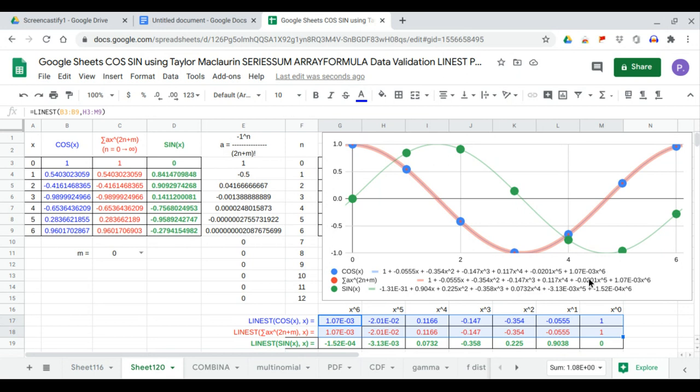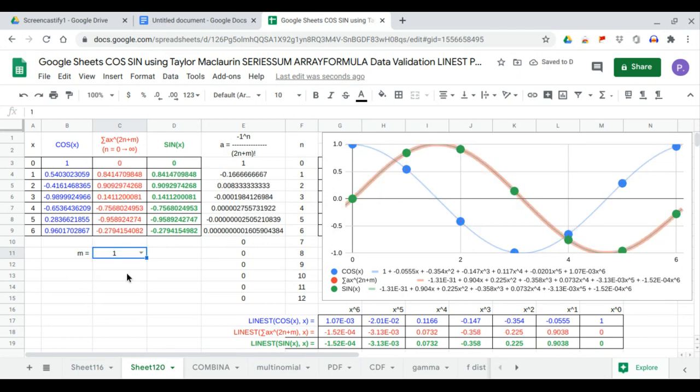They are the same. m equals 1, which is sine. The red line covers the green, and the regression coefficients are the same.